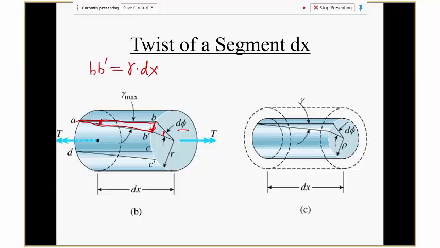Now, what's gamma? Initially you have A, B, C, D. That's a square on the surface. Now it's changed to not a square anymore. It turned an angle. What do we call this angle? You have a square, now it's turned a little bit. From chapter 1, we call it shear angle, or shear strain.